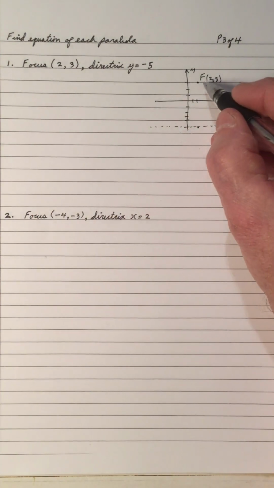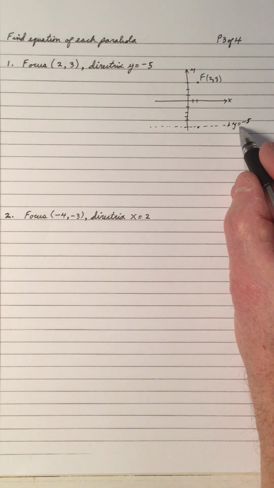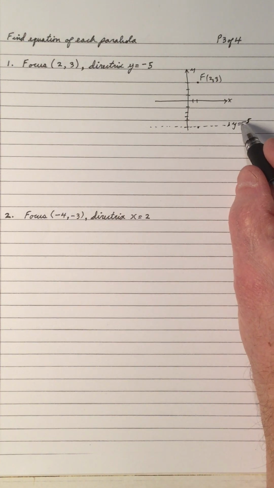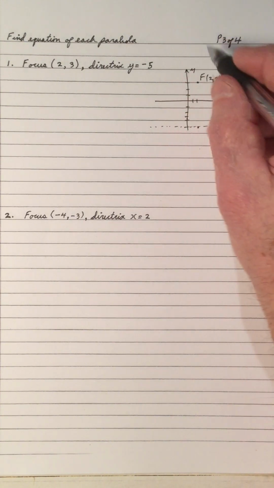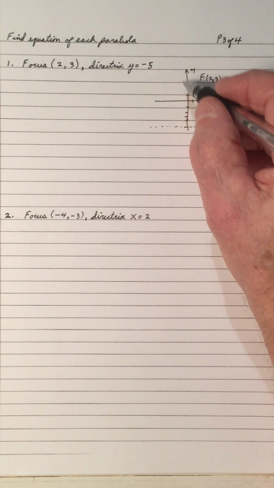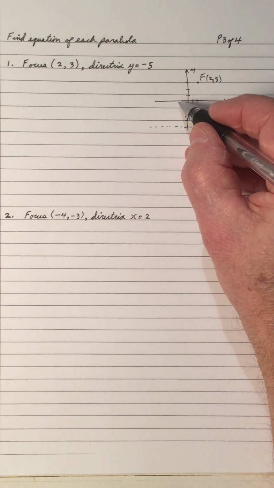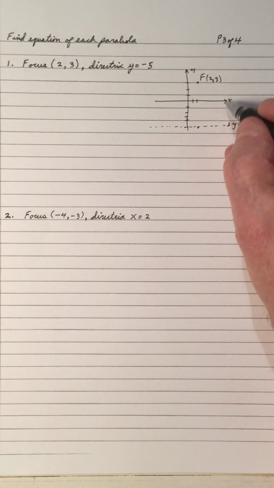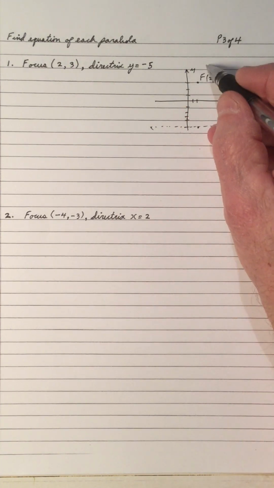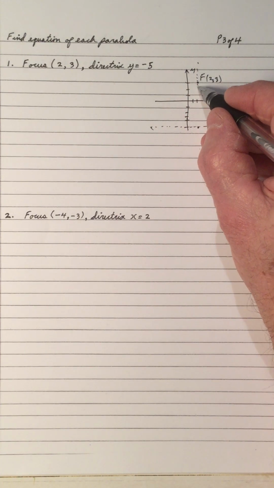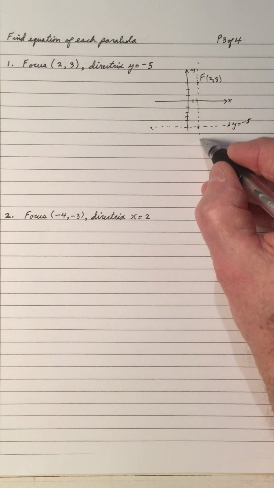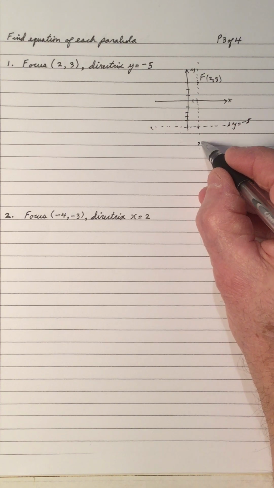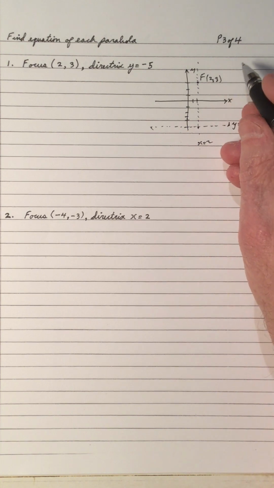Because the directrix is a horizontal line, the parabola is opening upward, because the focus is inside the parabola and it has to be opposite the directrix. The axis of symmetry goes down through here like this, so the axis of symmetry is x equals 2.